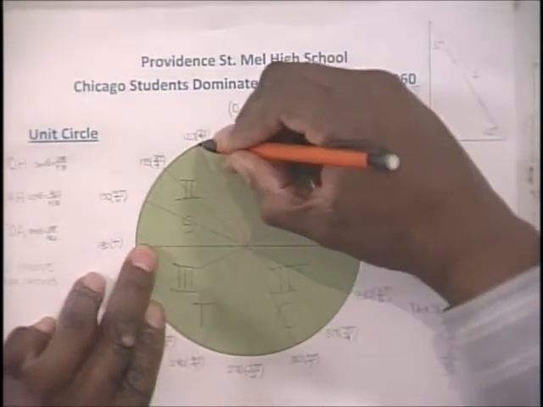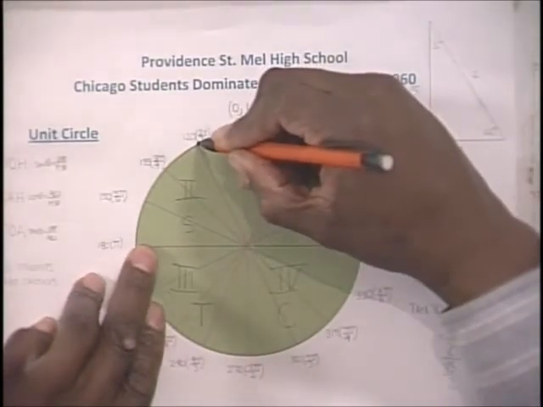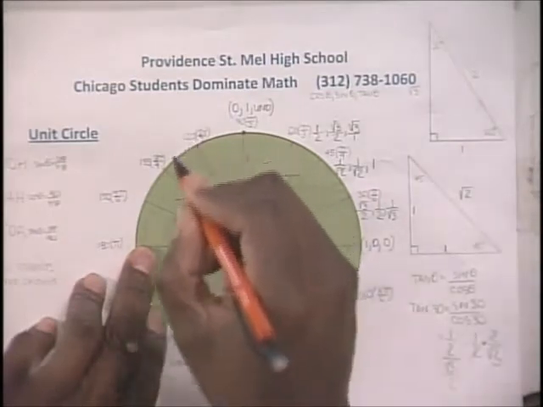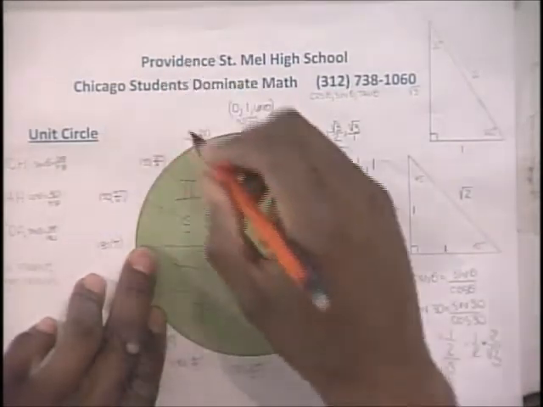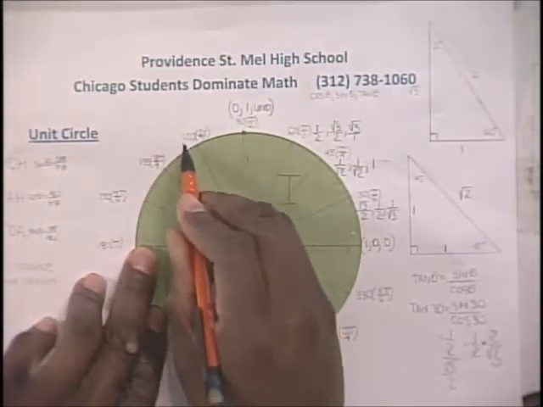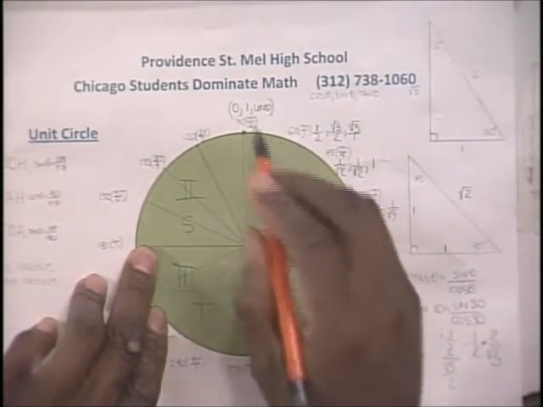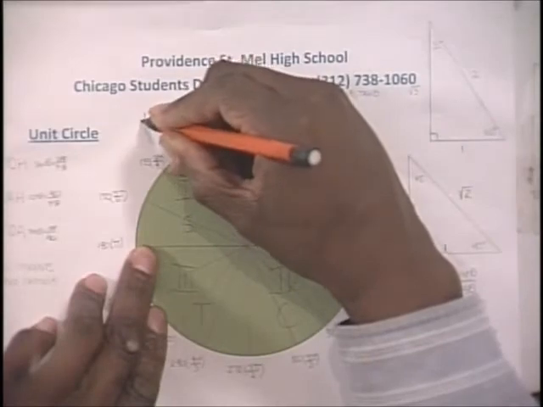The reference angle of 120 is 60. So rather than take the cosine of 120, you're really going to take the cosine of 60, and we've already established that as half.